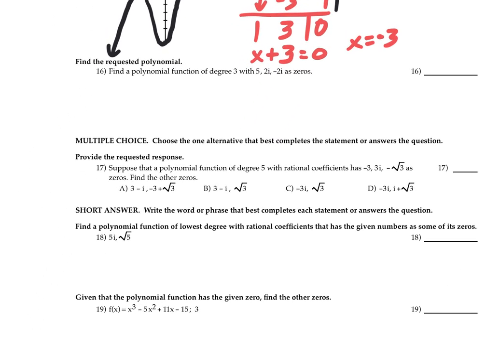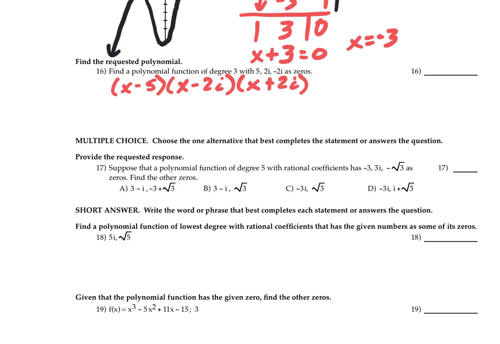Okay, 16. We're going to write out the factors, x minus 5, x minus 2i, x plus 2i. There's my 3 factors. We kind of did that earlier on the review.